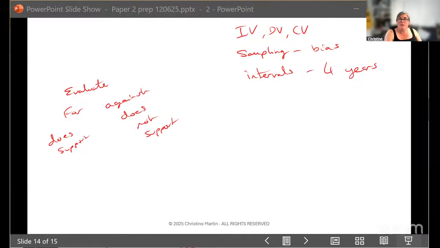Is there 4 years between the sampling data or is there 1 year between? Is there 6 months between? So it really depends on what they're giving you. Look at that data. Do you think those intervals are close enough to give you a good set of data?